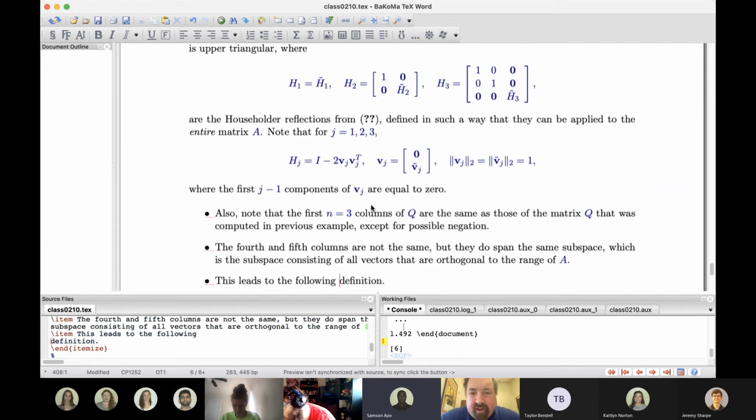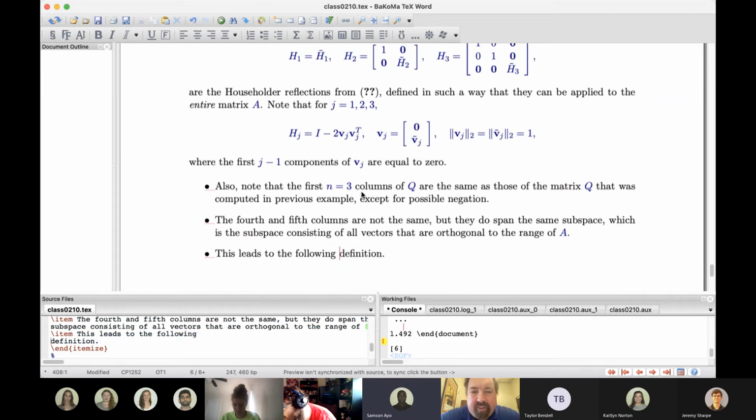Yeah. So the QR factorizations are similar, in that the first three columns of Q match up, except it might be negated.